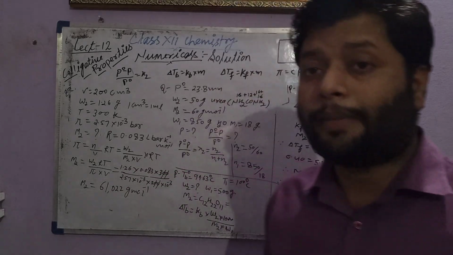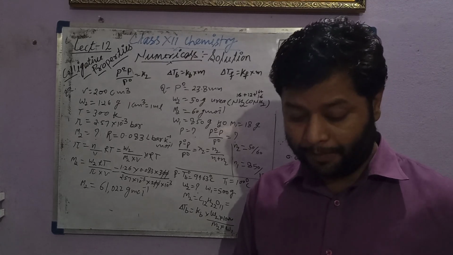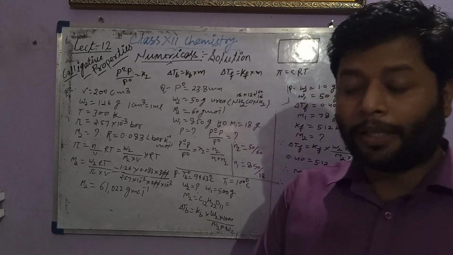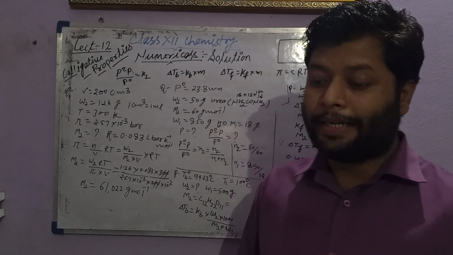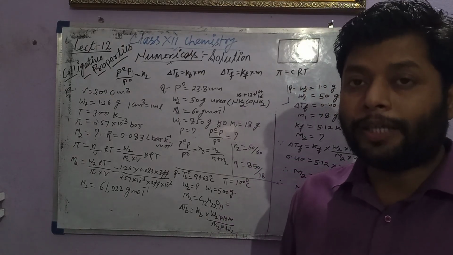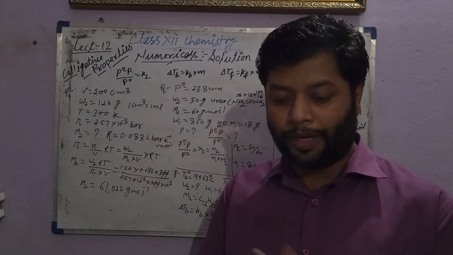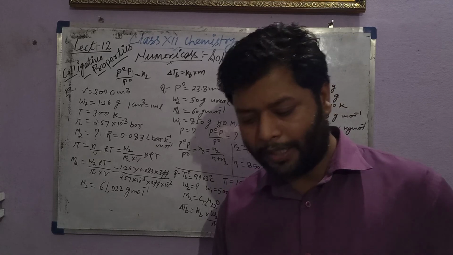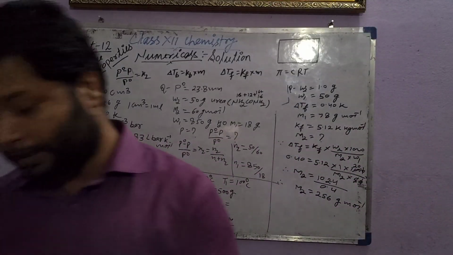Try to attempt some more questions from the in-text, and if there is any problem, ask me in the comment box. In the next lecture, we'll continue the numericals from the remaining in-text questions, and in the upcoming lectures we'll attempt the exercise. So this is all about numericals.